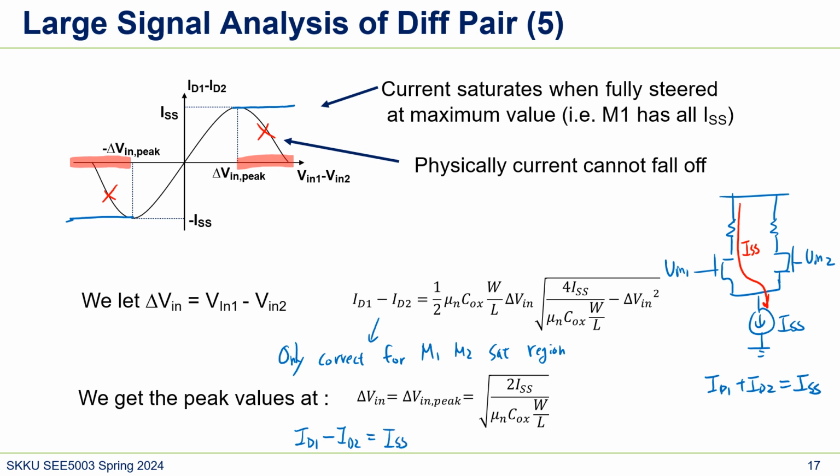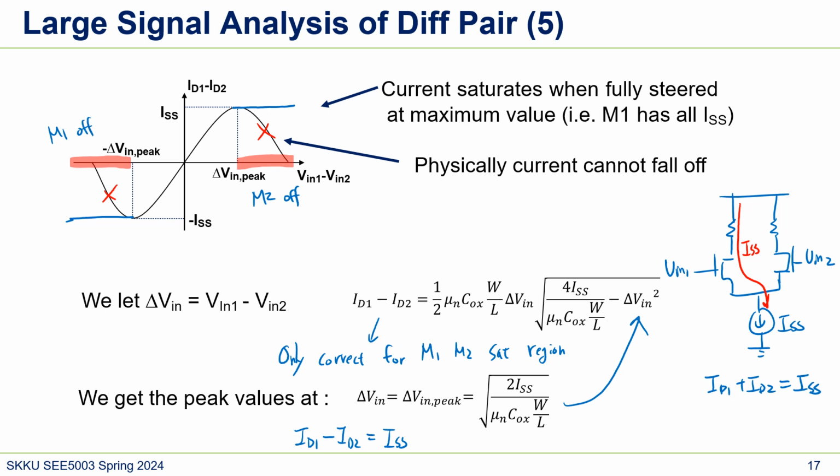So within the range between minus delta Vin peak and plus delta Vin peak, the equation will be satisfied. But for these regions, M2 is off here and M1 is off here.